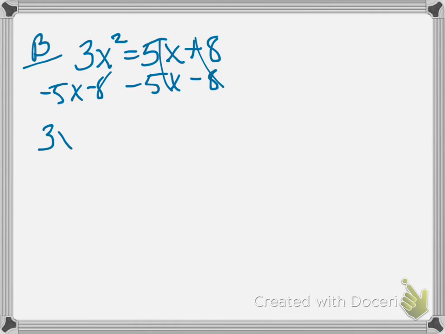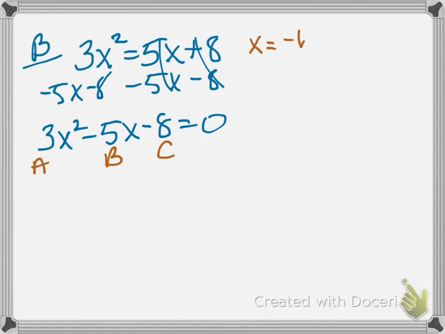So we have 3x squared minus 5x minus 8 equals 0. Do you remember our steps? Identify a, b, and c and put them into the formula. So x equals the opposite of b plus or minus the square root of b squared minus 4 times a times c, divided by 2 times a.